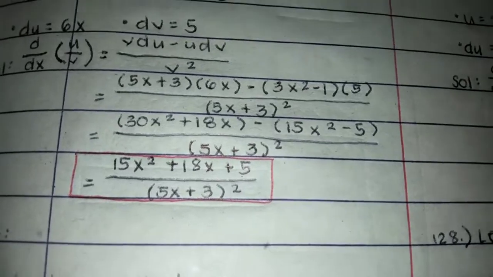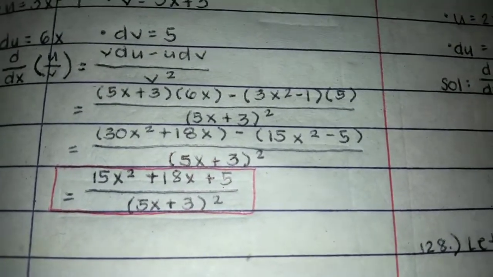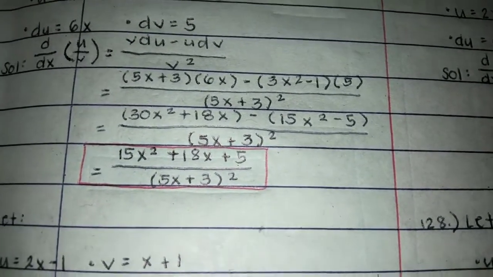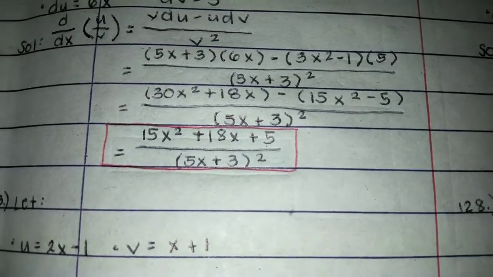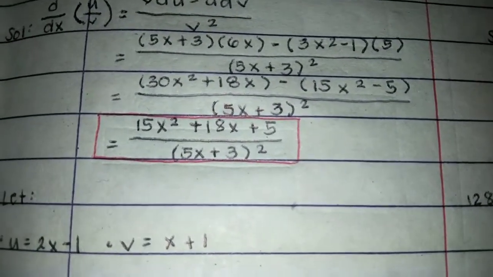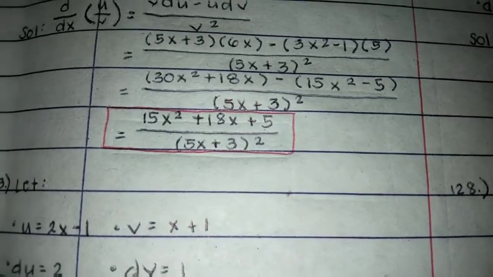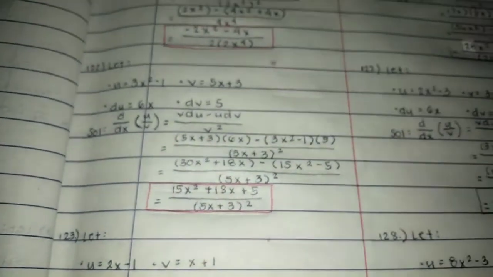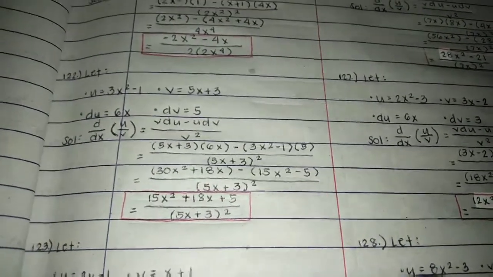So 30x squared plus 18x minus 15x squared minus 5 over 5x plus 3 to the power of 2. We will end up with the final answer of 15x squared plus 18x minus 5 over the quantity 5x plus 3 squared. So that is the second example for the quotient rule.